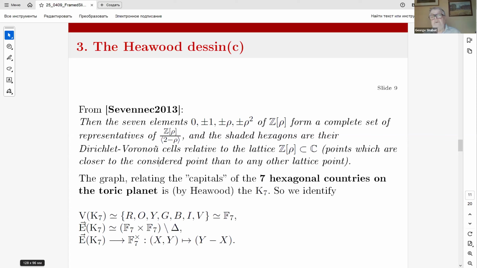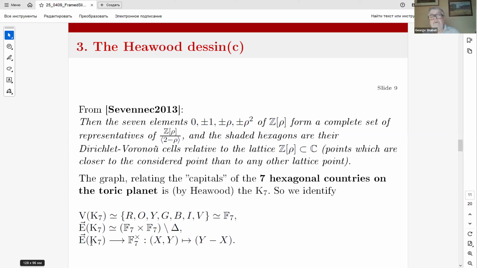Now, as for the directed edges of them, they are defined by the pairs of different vertices. So there is the Cartesian square of it minus the diagonal.